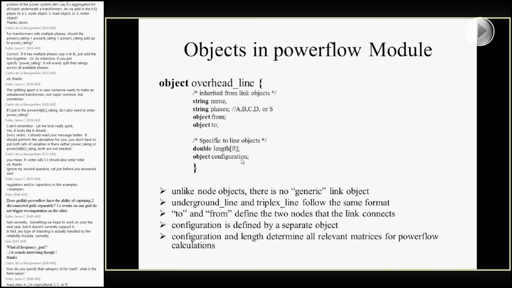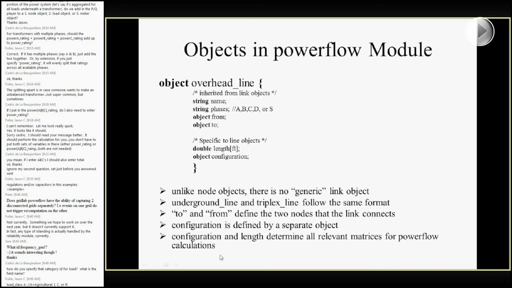What's the size of the conductors, where things are actually oriented in terms of where they are on the pole, or how far they are from the ground, things of that nature. As it says down below here, the underground line and triplex line follow a very similar format. The only difference is the configuration might look a little different, especially in terms of the conductors. They have different information.